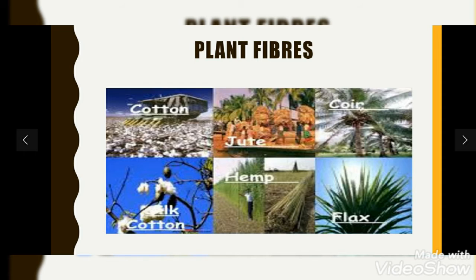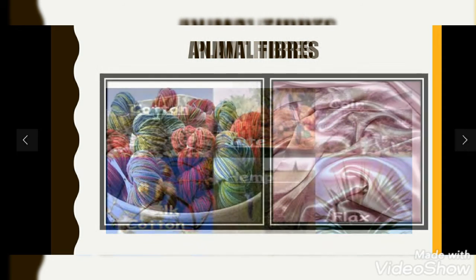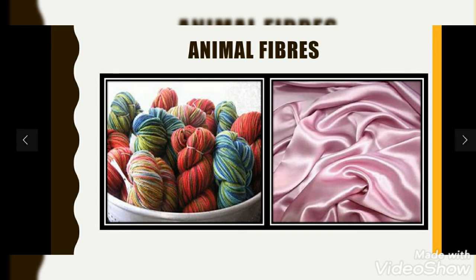Either the fruit of the plant or the seeds of the plant or even the outer covering of the plants, they are changed into fibers. As you know, cotton we get from the fruit and jute we get from the stem of the plant. Animal fiber is wool or silk.